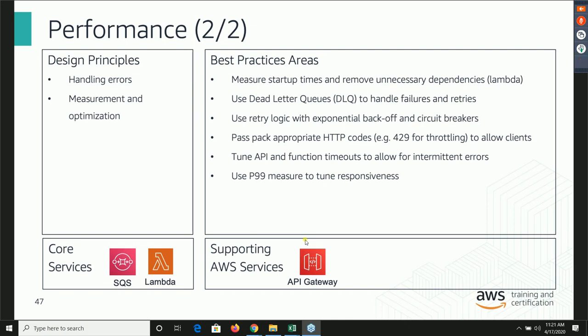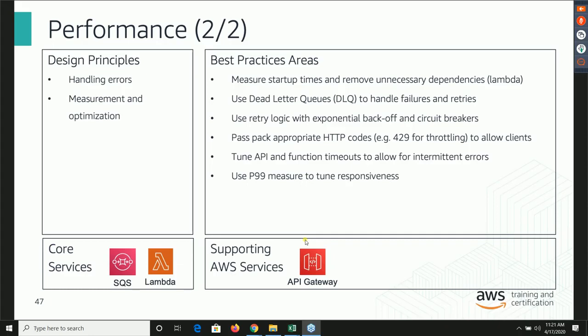So let's say an S3 bucket gets a file, it invokes your function, and it fails. Now what do we do? There is some error in the function; it's not able to process due to incorrect permissions, right? So instead of losing that event altogether, what you can do is use something called dead letter queues.